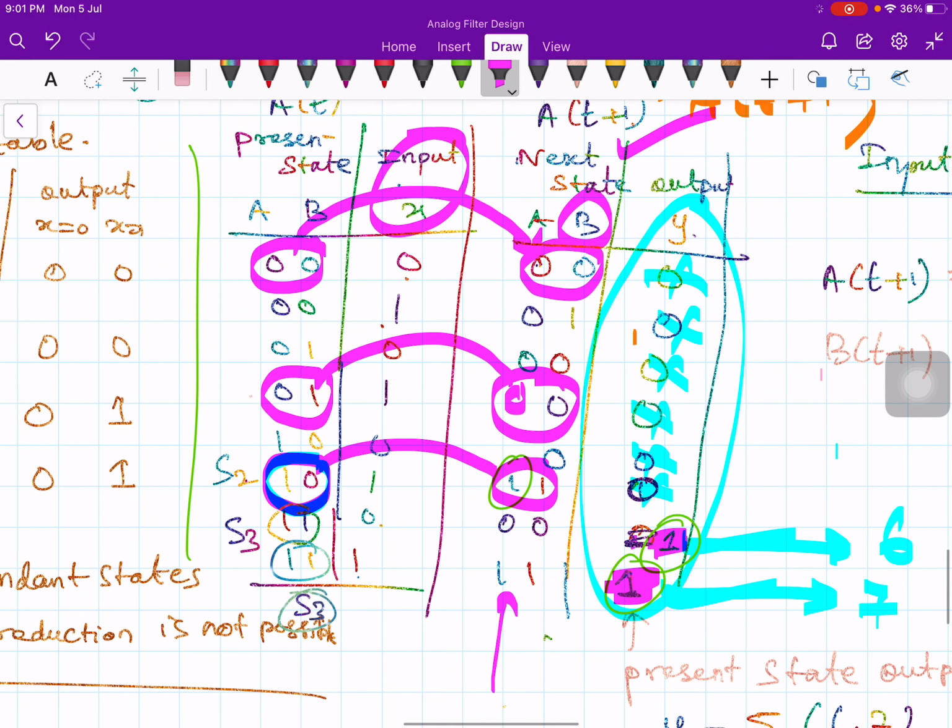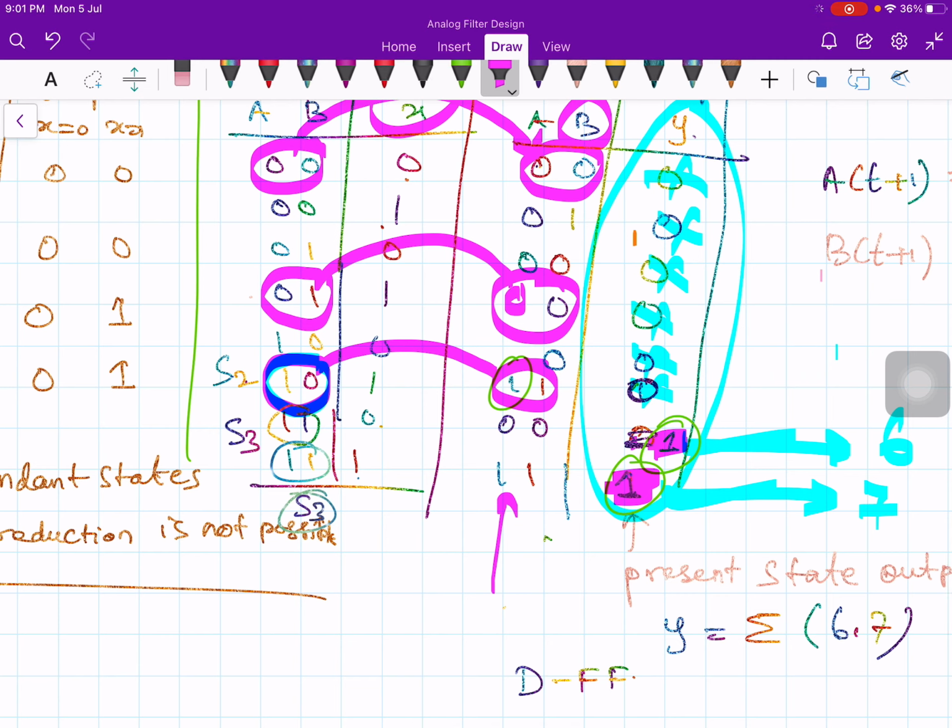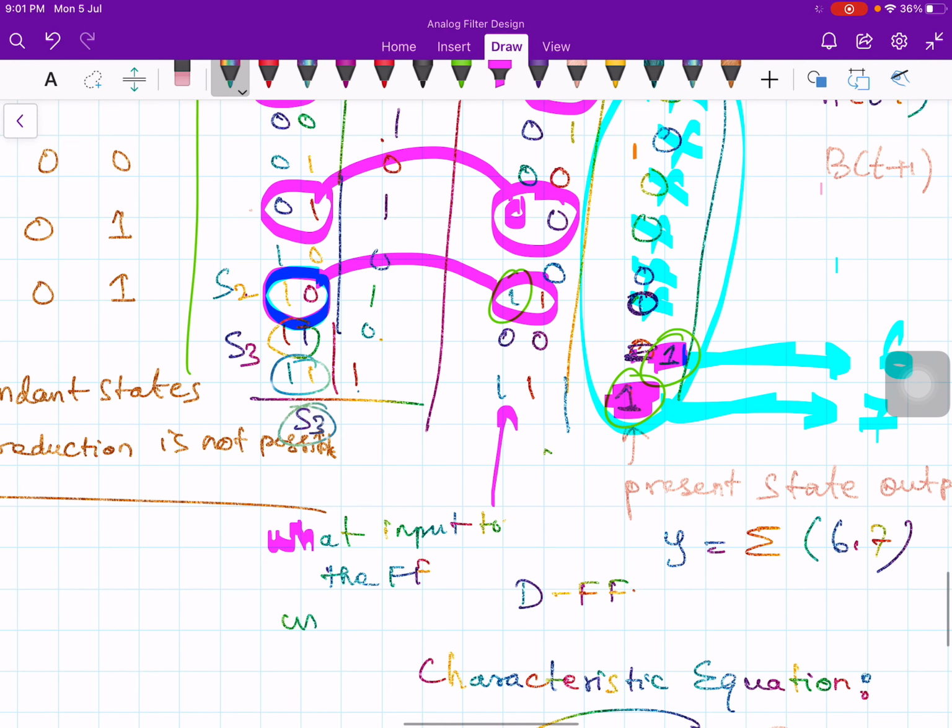We wish to find the flip-flop input conditions, that is, what input to the flip-flop will make it go from present state to next state.